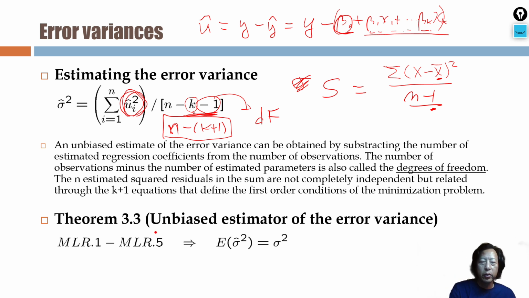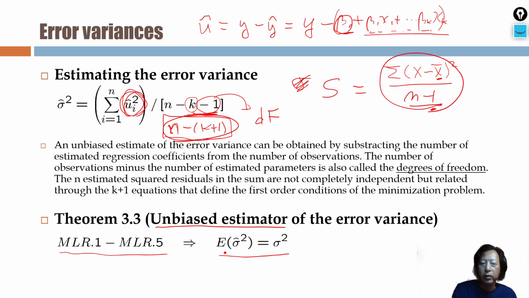Okay, so the theorem: if we have all 5 assumptions we previously had, this estimator, divided by the degrees of freedom, will be an unbiased estimator, just like the unbiased estimator in the sample standard deviation.